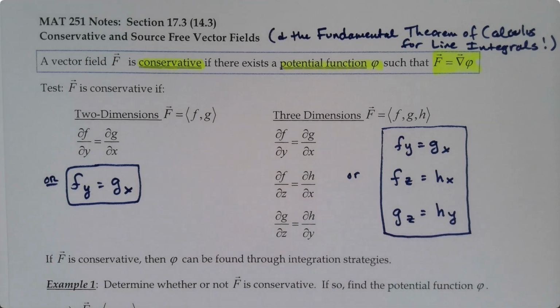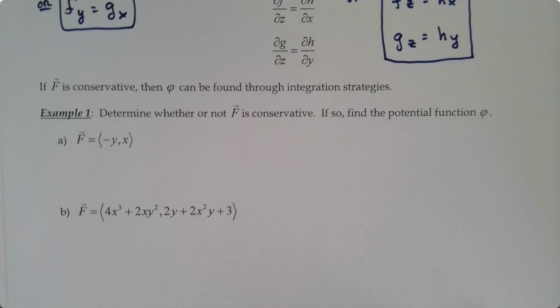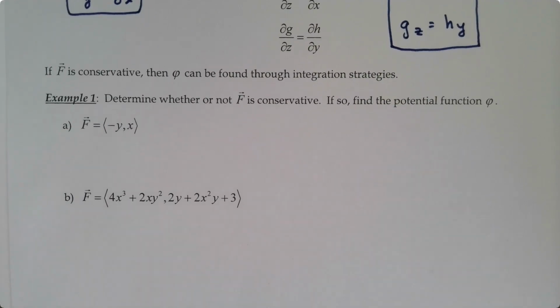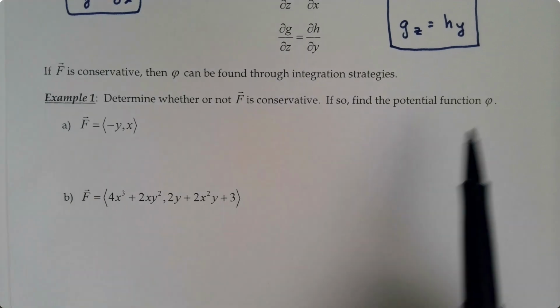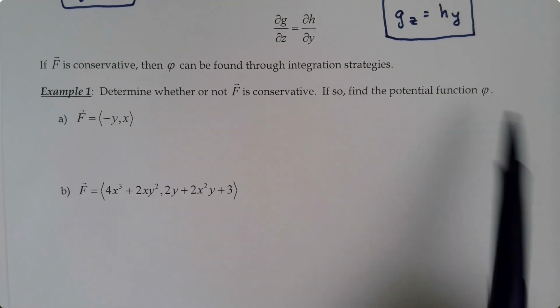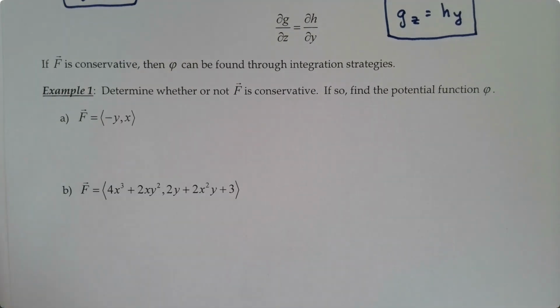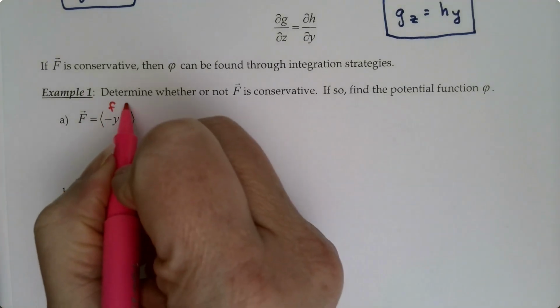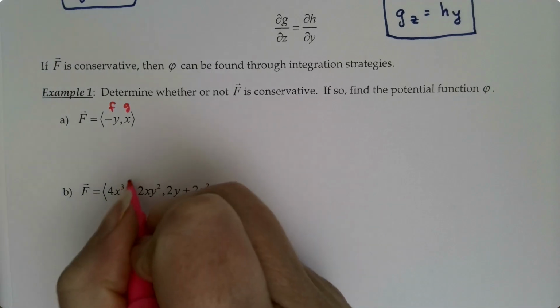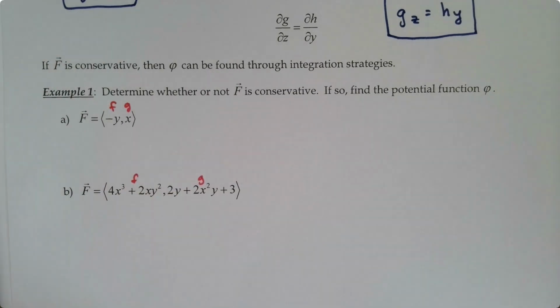All right. So let's test whether these particular vector fields are conservative. And if so, then we're going to find the potential function phi. Now remember, the way a vector field works, this is f and this is g. And this one's f and this one's g for that particular problem.